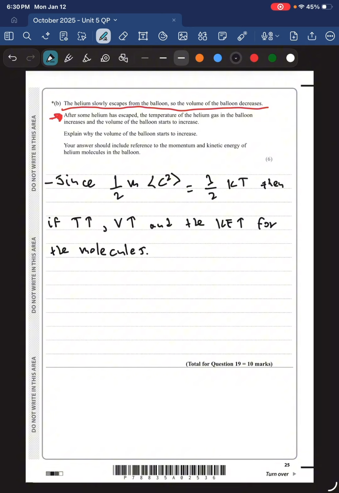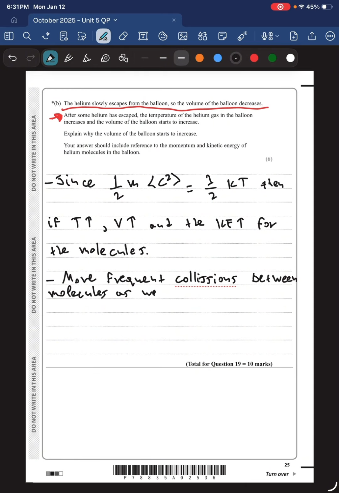This will lead to more frequent collisions between molecules, as well as molecules and the balloon walls.